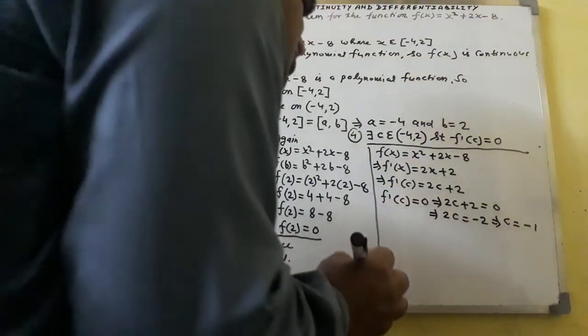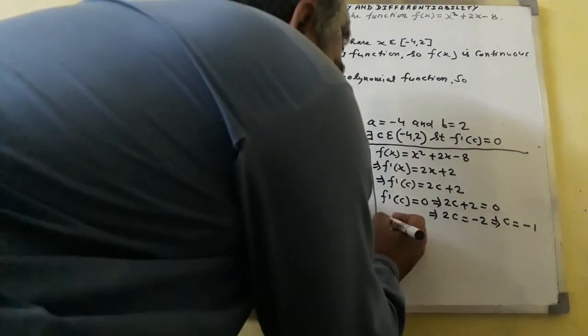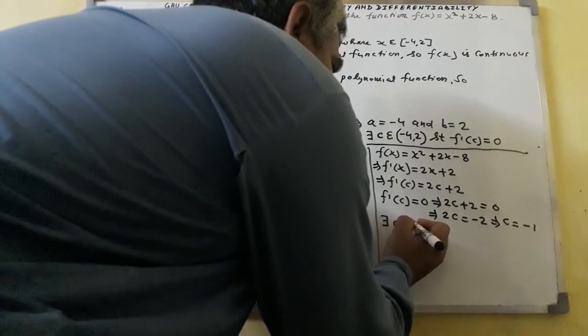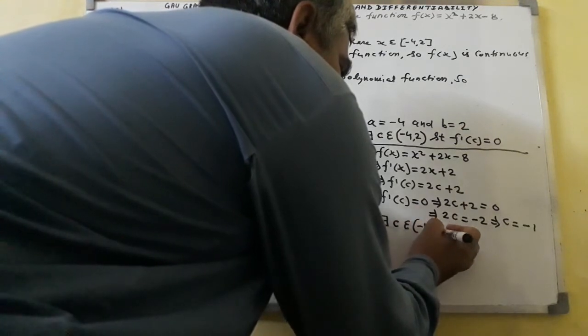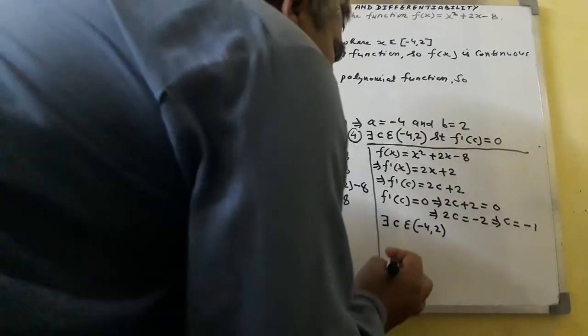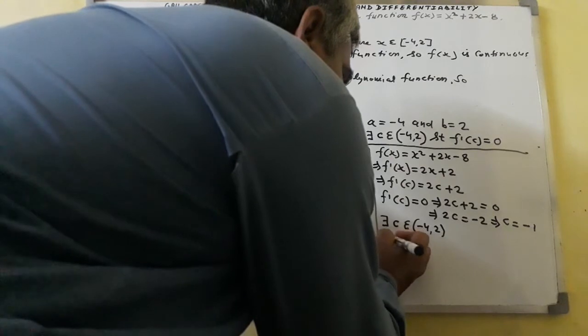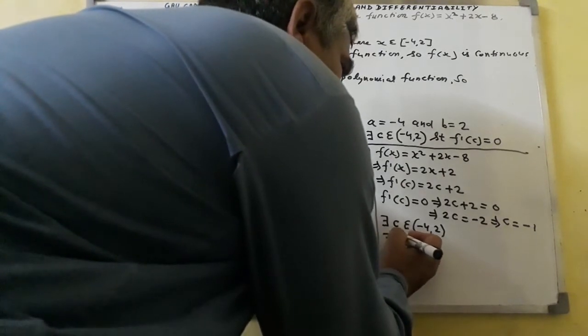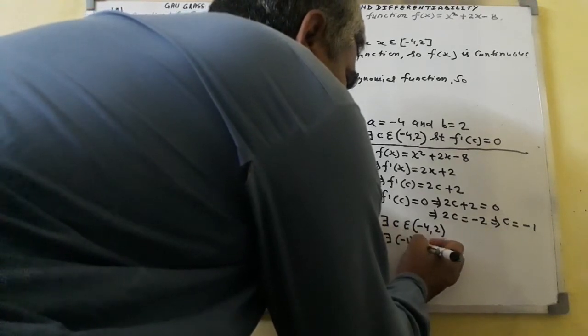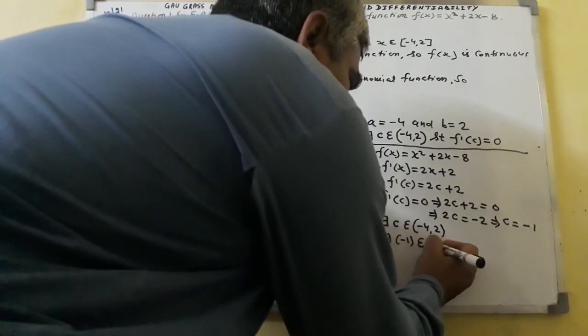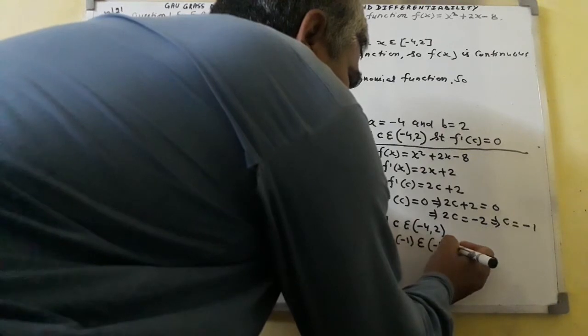So here you can see, then there exists c belonging to the open interval (-4, 2). So here there exists c equal to -1, and -1 belongs to the open interval (-4, 2).